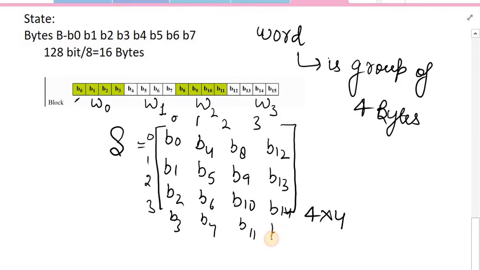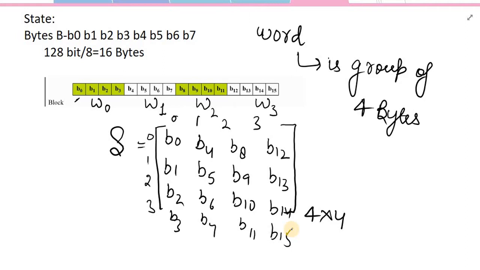So it is very, very simple. To represent the state of a 128-bit plain text, first you have to convert your 128-bit plain text into bytes. Then you convert it into the state using the sequential order: B0, B1, B2, B3 are placed in the first column, B4, B5, B6 and B7 in the second column, and so on.